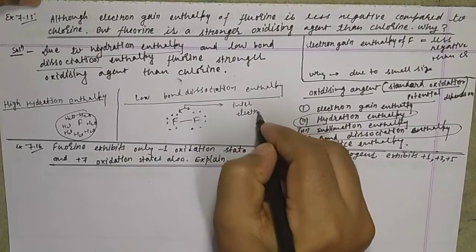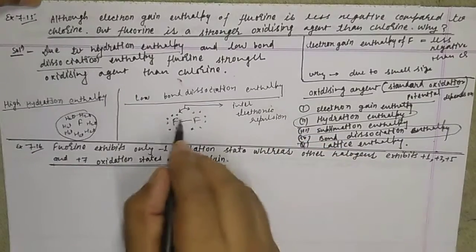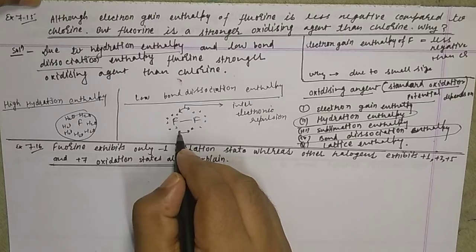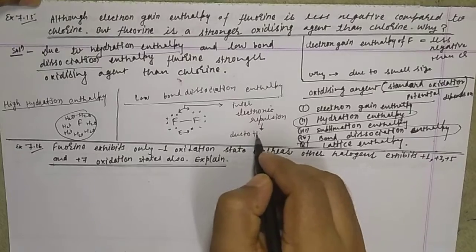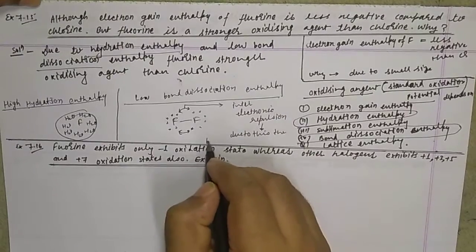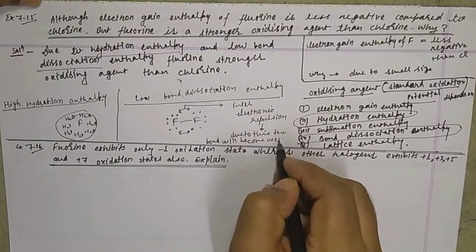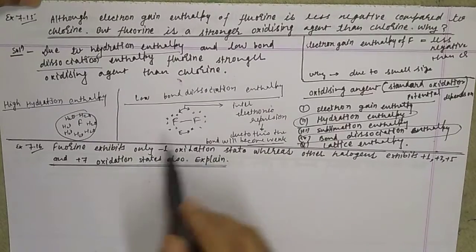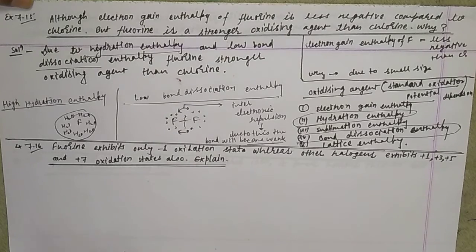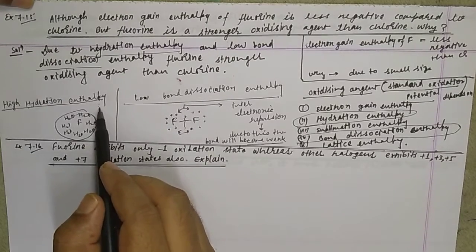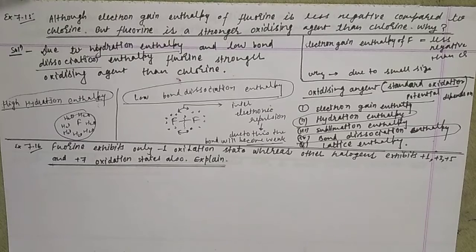Because of this repulsion, the atoms are forced apart, so the bond becomes weak. If the bond is weak, you supply only a little energy and it gets broken. So these are the two factors that make fluorine a stronger oxidizing agent: first, high hydration enthalpy, and second, low bond dissociation enthalpy.